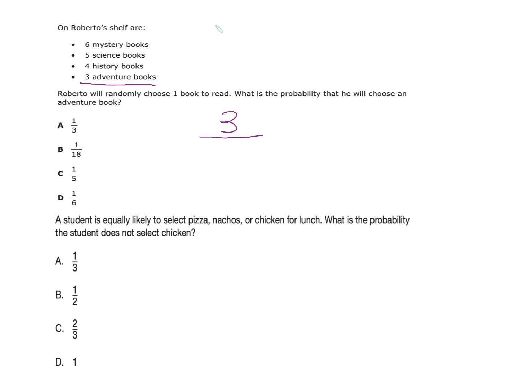We need to add this. So we add 6 plus 5 plus 4 plus 3. That would give us a total of 18. There's our probability. I always tell my students, because the task test is a little bit funny, sometimes they don't reduce their fractions.